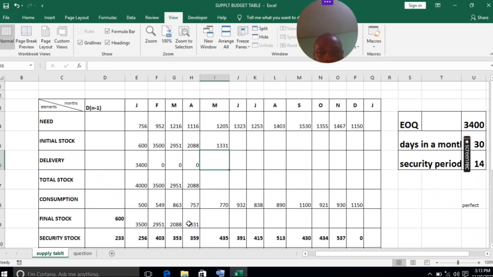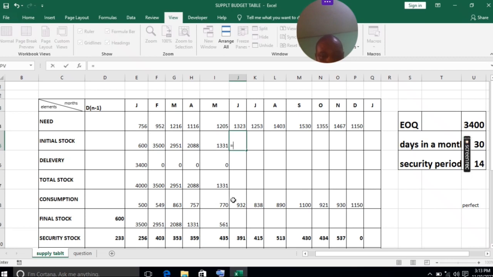If you look at it, 1,331 is still greater than need, so zero replenishment. Our total stock will still be equal to our initial stock plus zero replenishment, which is equal to that. And if we minus consumption from there, we'll be having a final stock of this minus consumption. Good.